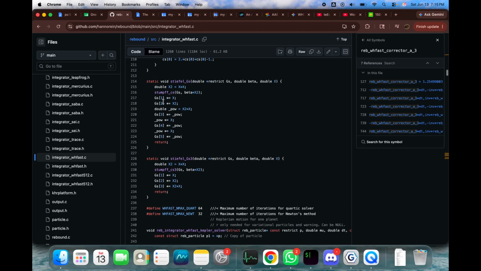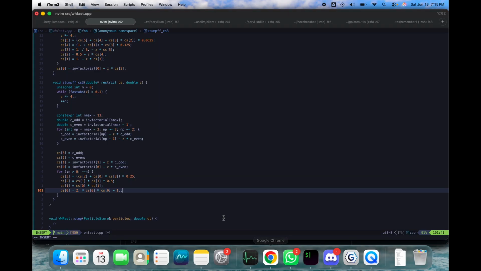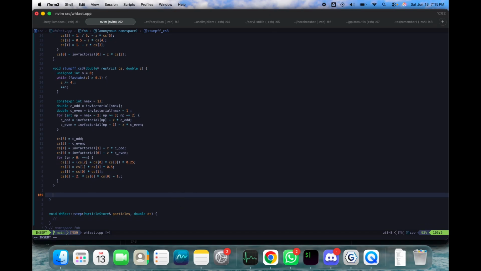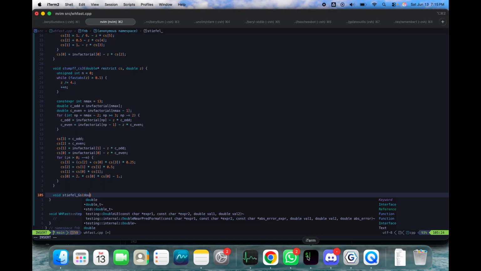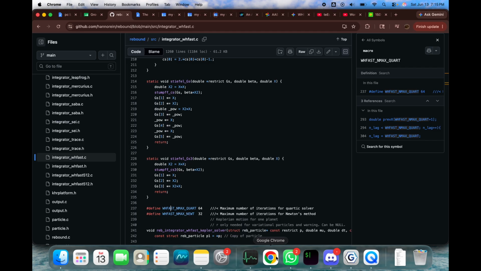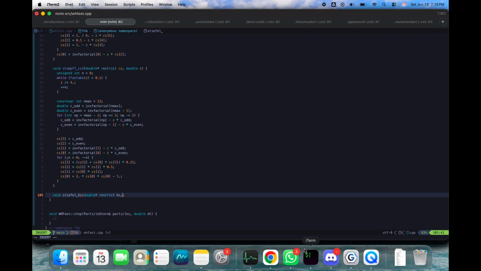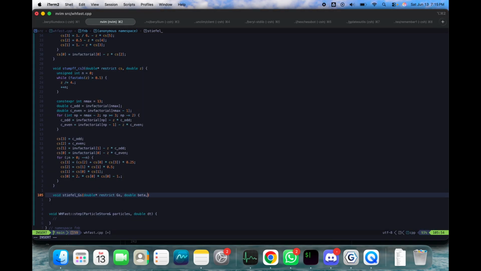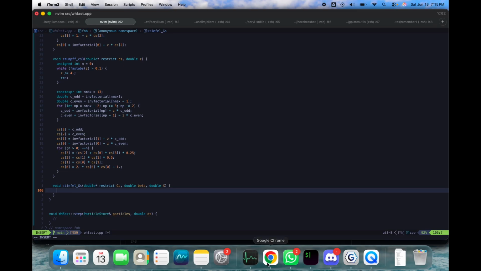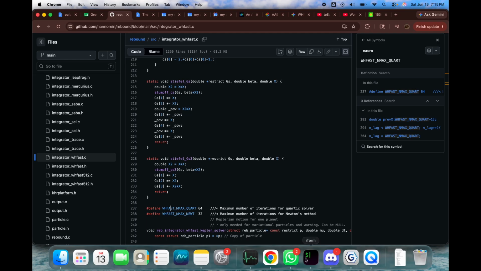So now we just have two more functions, Stiefel GS and Stiefel GS3. So Stiefel GS takes in another double pointer. And what is the parameter name? GS, with double beta and double X. And this double x2 equals x times x.